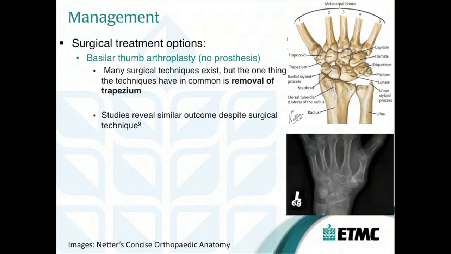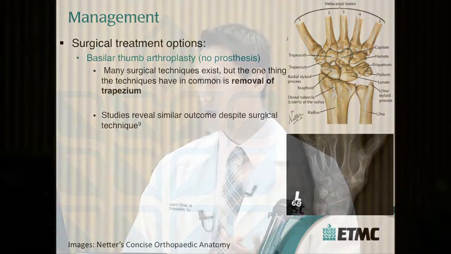So starting with the non-implant category, there are a lot of surgical techniques that exist, but the one thing all these techniques have in common is either partial or complete removal of the trapezium. So on the x-rays after the surgery, this will be blank. You'll see a void. And it's not very intuitive initially because we're used to thinking, well, if I have knee arthritis, I'm going to get knee replacement surgery.